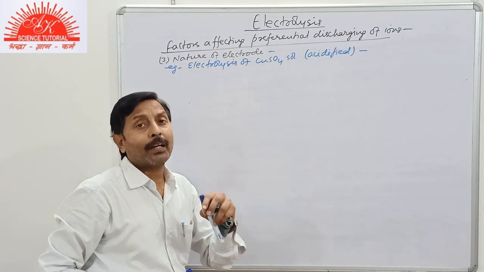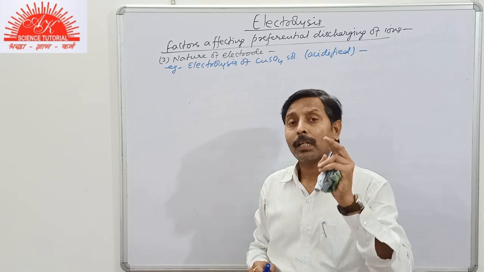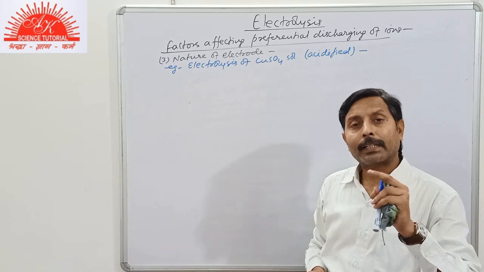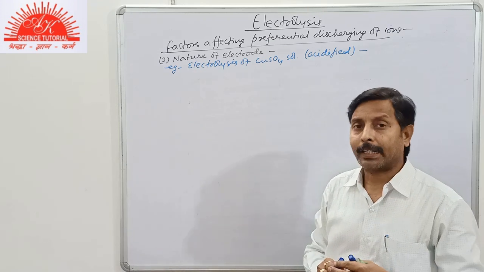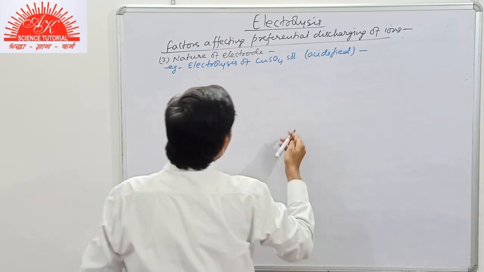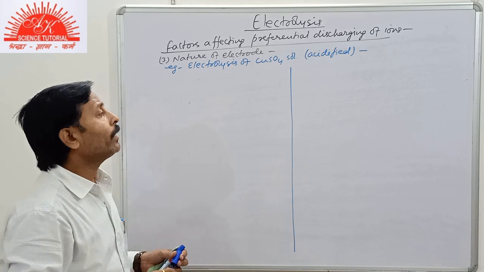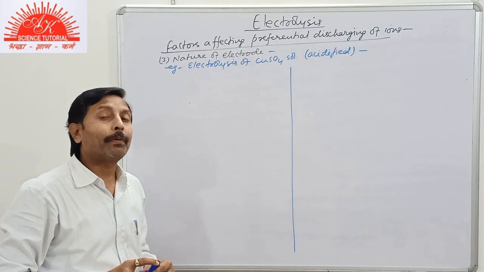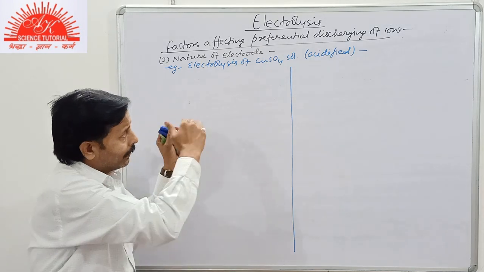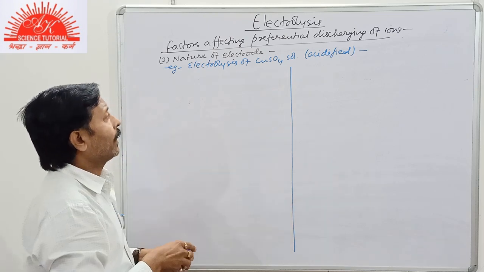Now, as we have studied, we will use two types of electrodes, attackable as well as non-attackable. We can study it one after the other, or in comparison, side by side.